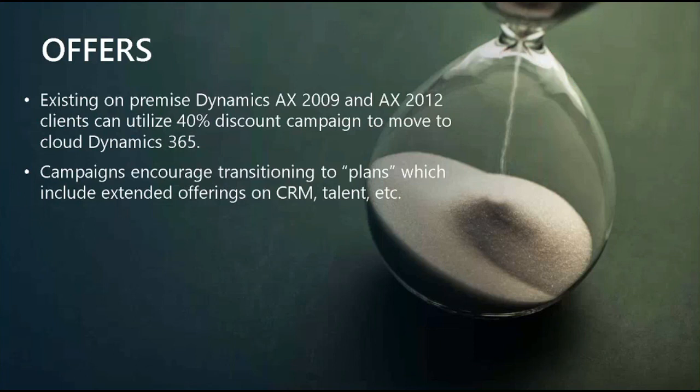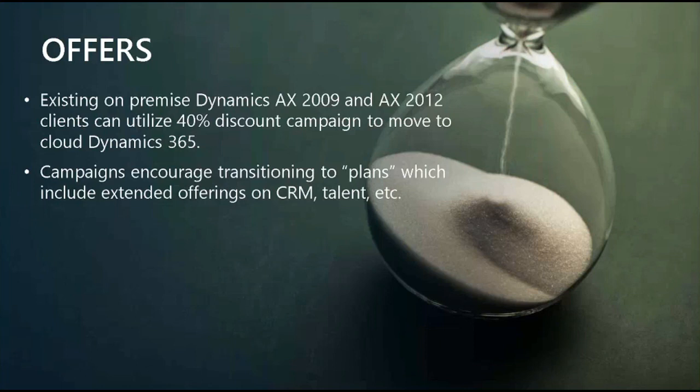The second one is that these kinds of campaigns are encouraging people to move to something that we call plans. In the new cloud world, Microsoft is doing a great job of combining ERP and CRM together under one integrated business application platform. And in order to showcase this, they're providing these campaigns to the existing client base.